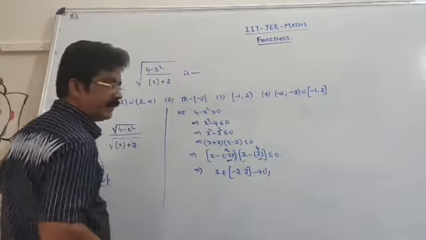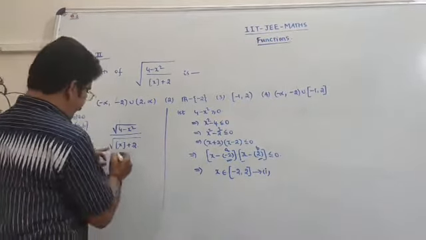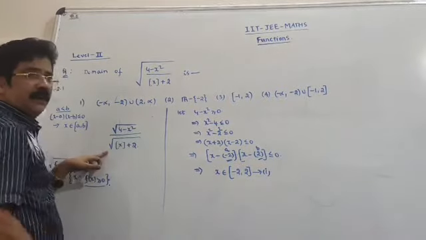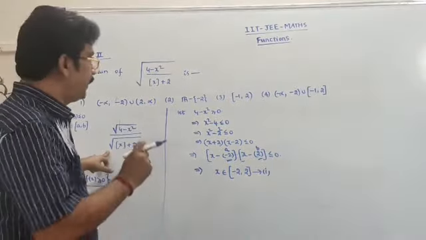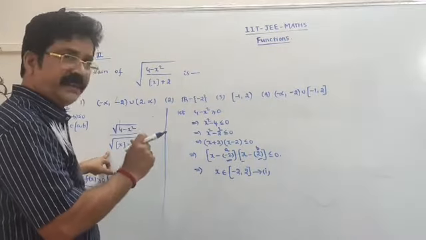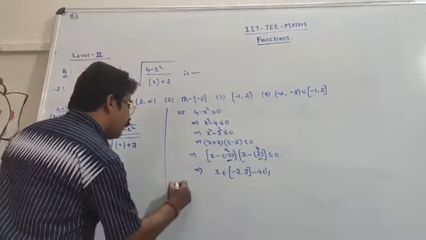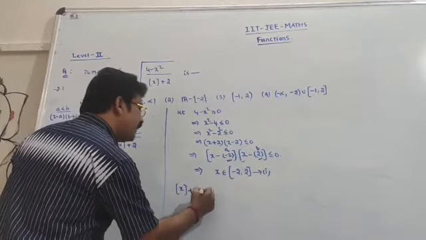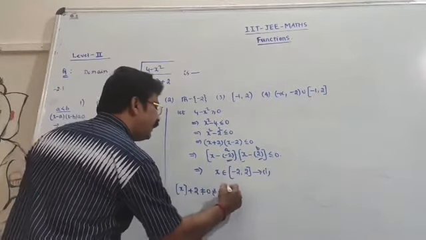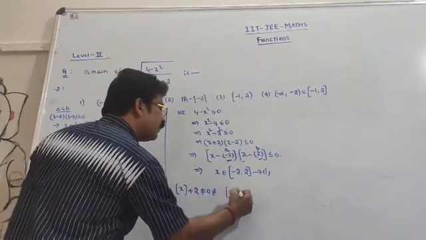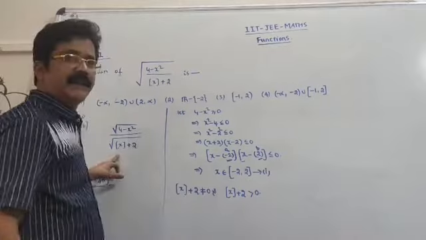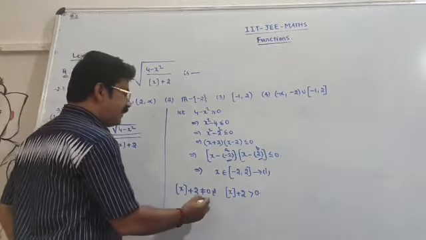Next, it is in the denominator. So to define the given function, box of x plus 2 should not be equal to 0, and box of x plus 2 should be greater than 0.